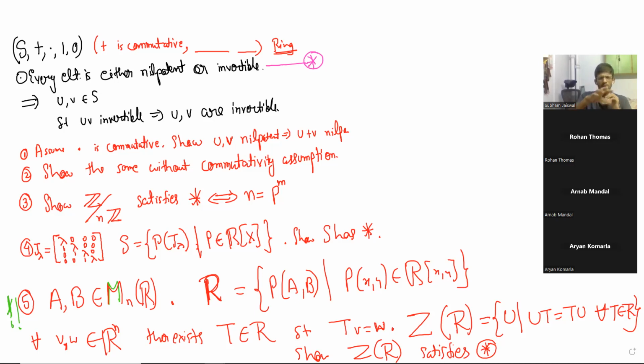So in a way, what I'm trying to get at the end is that this characterizes all the important rings which satisfy this property we are trying to characterize. Matrices don't satisfy this, but they also have this property.